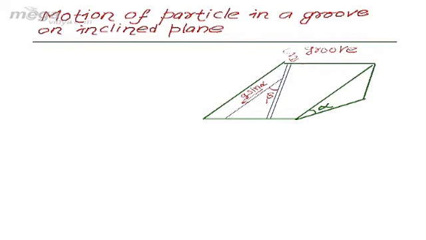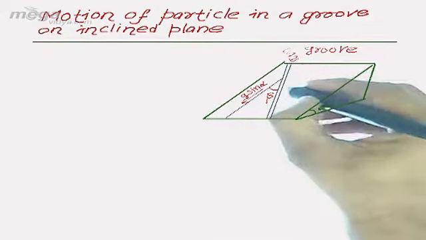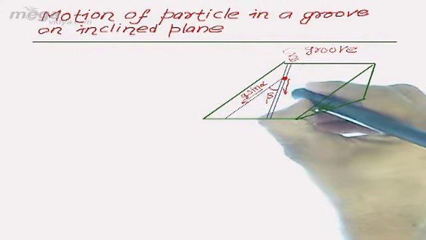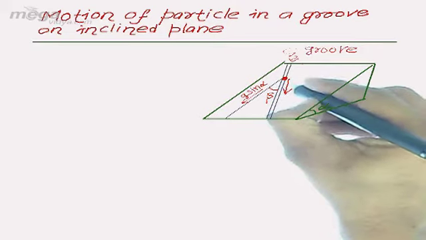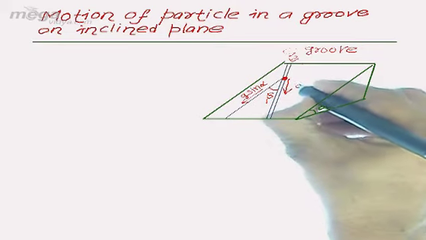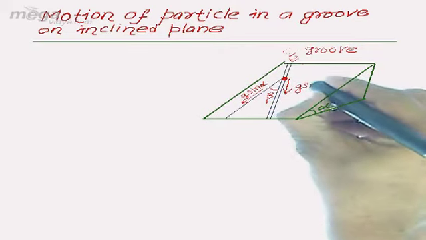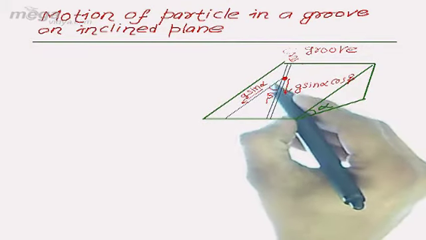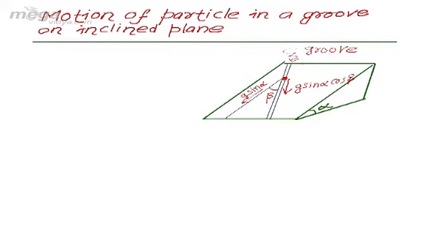So, if the particle moves within this groove, its acceleration down the groove may be taken as one component of this g sine alpha in this direction, which is g sine alpha cos beta, because this angle is beta. So here the particle moves with acceleration g sine alpha cos beta down the groove.